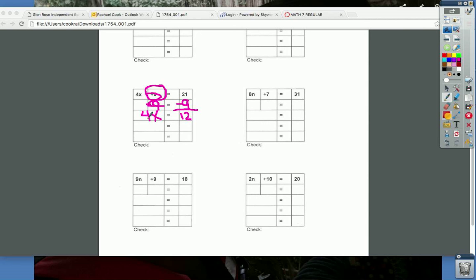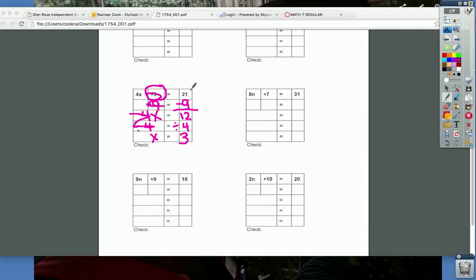To move this 4 over, we're going to divide by 4 on both sides of the equation. 12 divided by 4 is 3. Since we moved that 4 over here by division, we're done with it. We're going to bring our x down, and we get x equals 3.